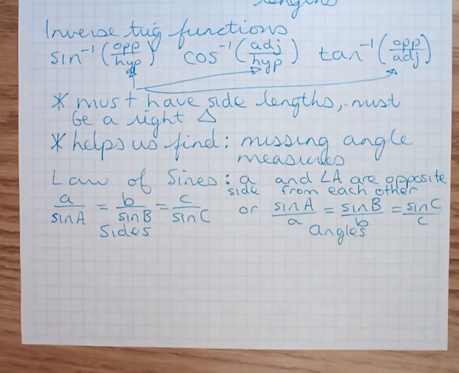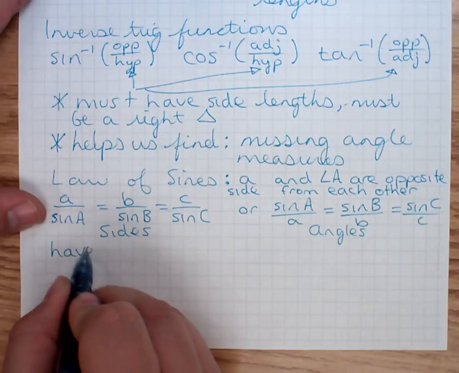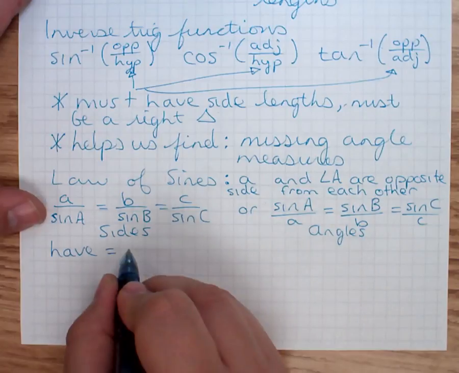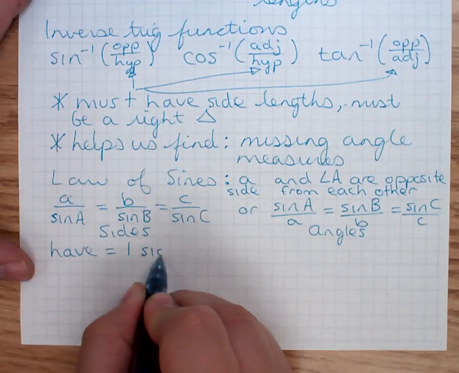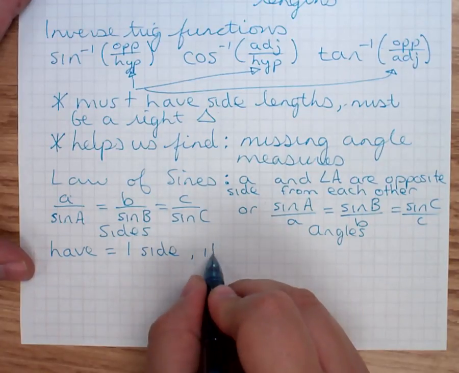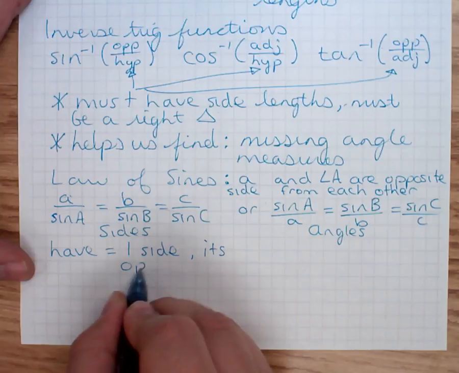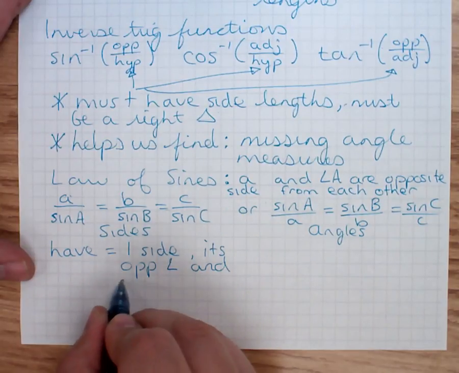Okay, to use the type that helps us find sides, how many sides do we have to have? We have one side, its opposite angle, and one other angle.